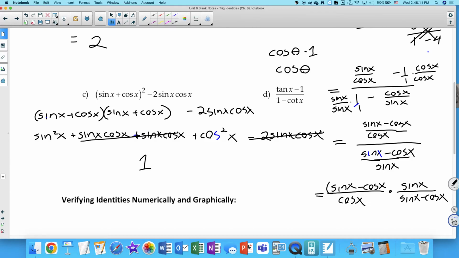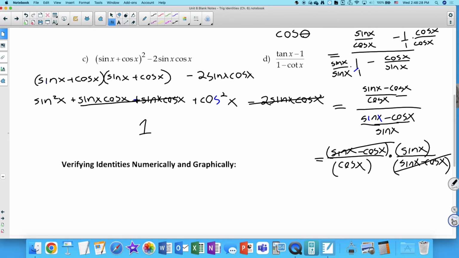Now, these are sort of like in factored form. So at this point, yeah, I can cancel this factor of sine x minus cosine x. And what I'm left with is sine x over cosine x, which is tangent x. Whoops, I keep mixing up my thetas and my x's.